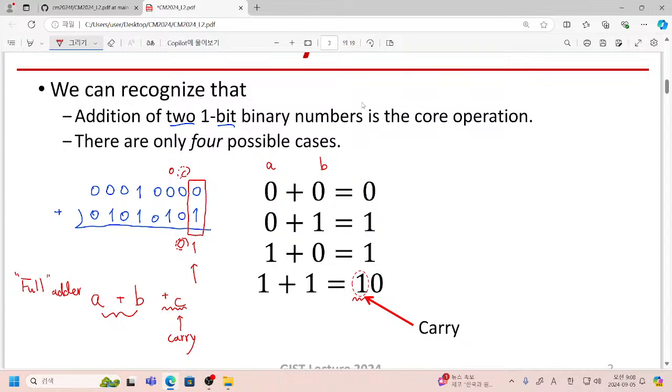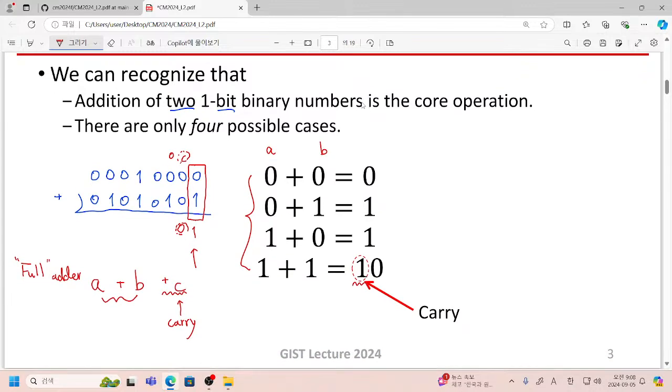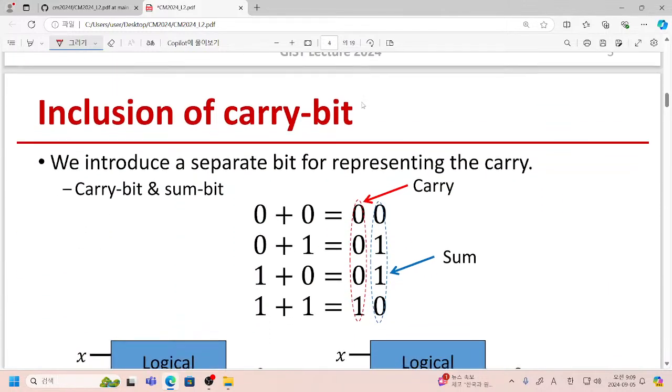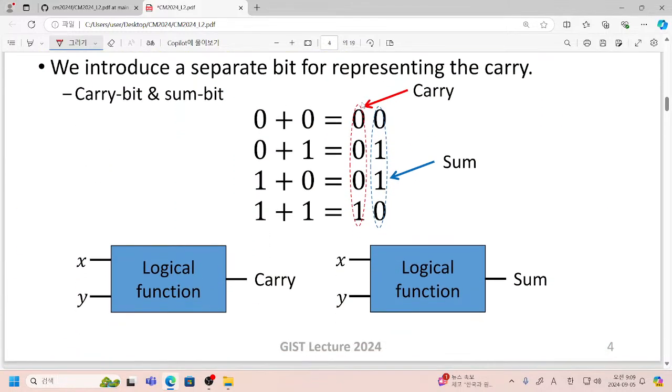So we have only 4 cases, and all of them are shown here: 0, 1, 1, 0, and here we have 1 carry bit. It's not that difficult to understand. If we include the carry bit, it is quite easy to write this way.